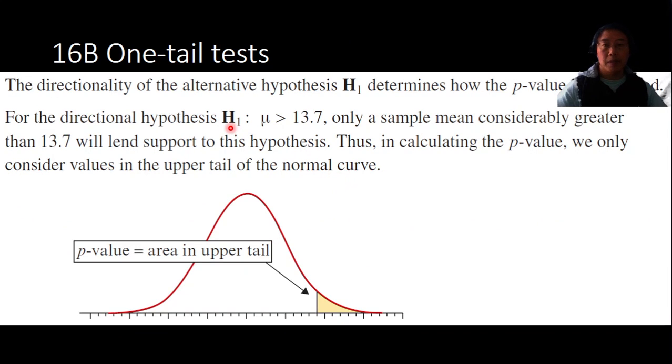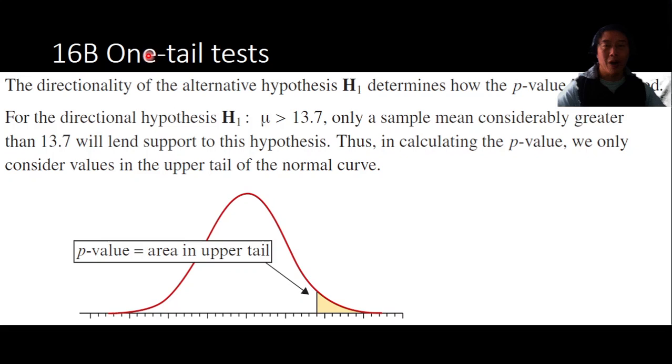If we have a directional alternative hypothesis, then depending on that, the p-value will be calculated in a certain manner. In this situation, when mu is greater than 13.7, the p-value will be considered using the area of the upper tail.